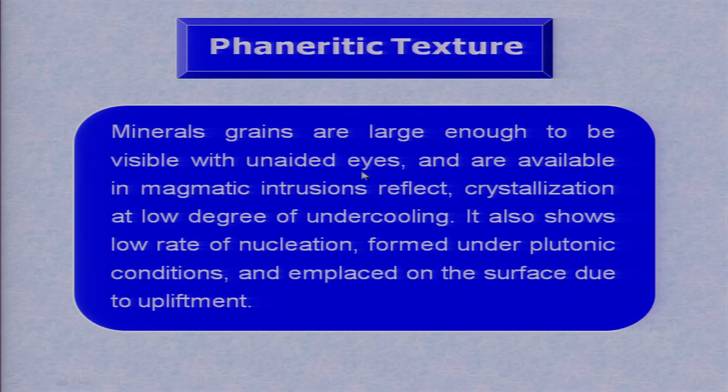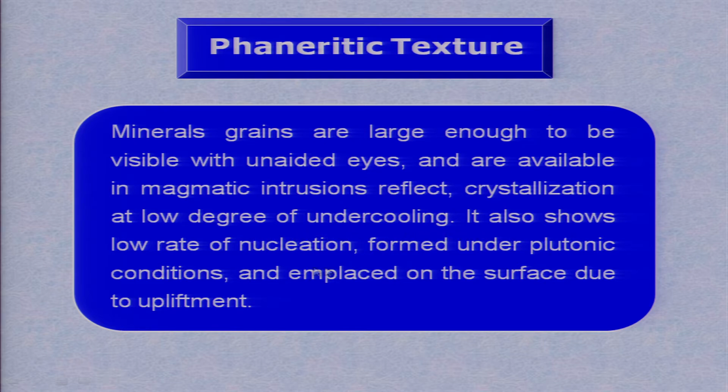Till now, I was discussing the textures which are seen under the microscope, but in the case of phaneritic texture, the mineral grains are visible by unaided eyes and are available in magmatic intrusions, reflecting crystallization at a low degree of undercooling.